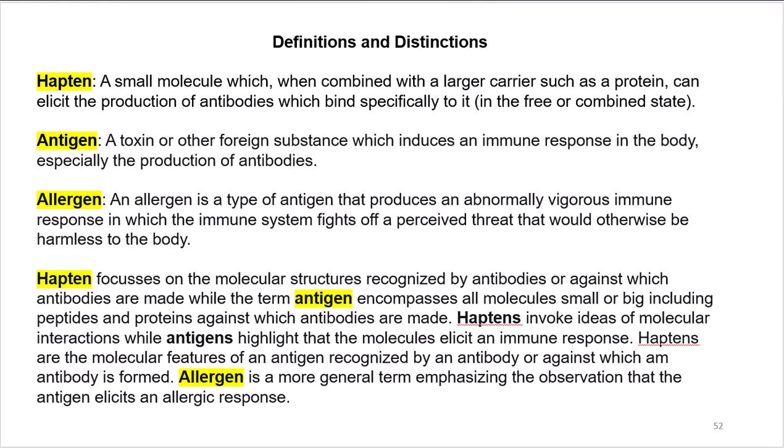All right, some definitions. I want to bring in, if you haven't been exposed to it elsewhere, the idea of a hapten. And then you'll have antigens, and then you have allergens. So to the common person and in your everyday life, you're exposed to allergens. Something's in the air. It causes you to sneeze and have a runny nose.